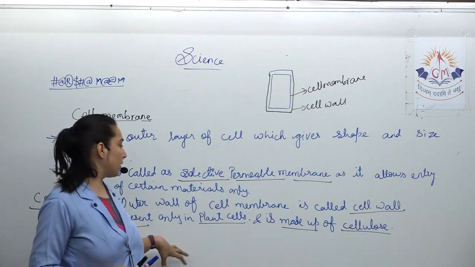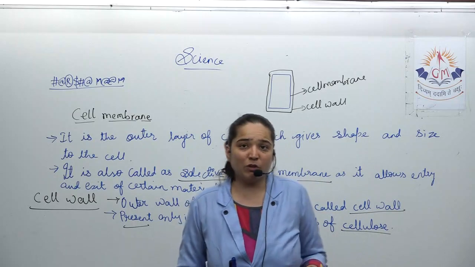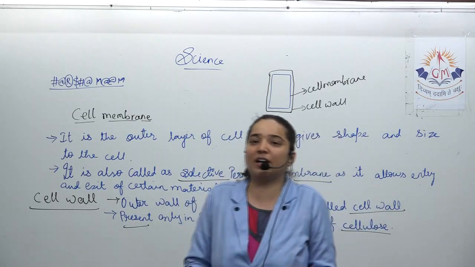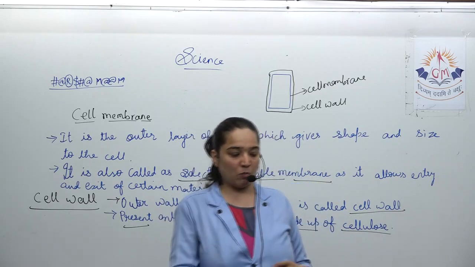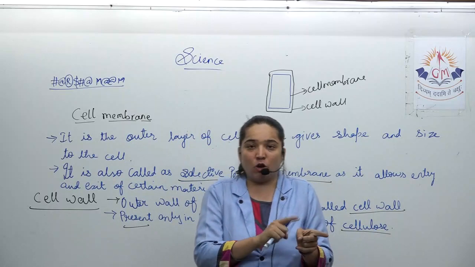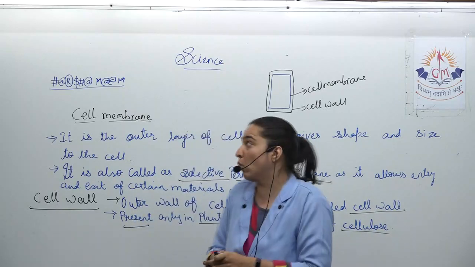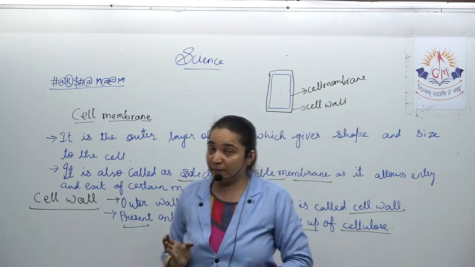If we talk about why this cell wall is there, that might be a question, why does the plant cell have that extra layer? Plants are immobile, that means they cannot move from one place to another. Because the plants cannot move, they have one extra cover that is going to help them out.